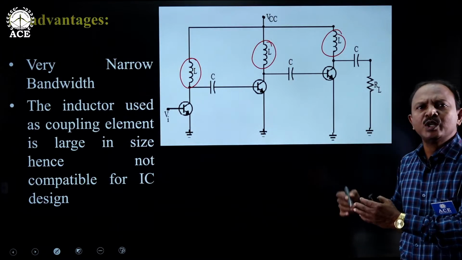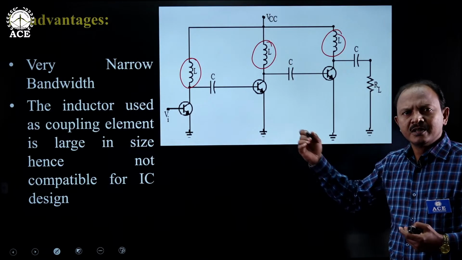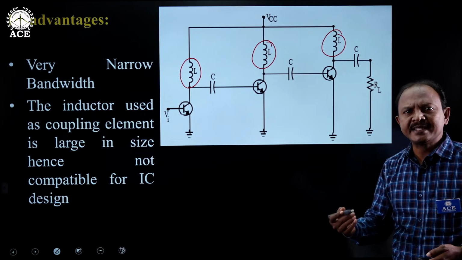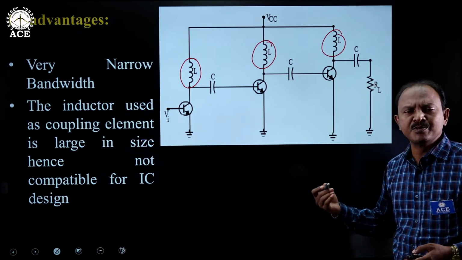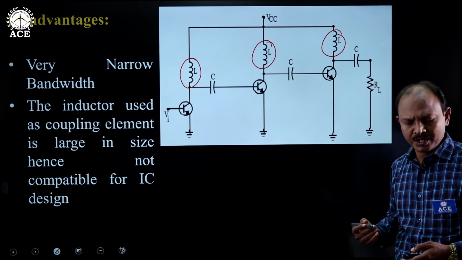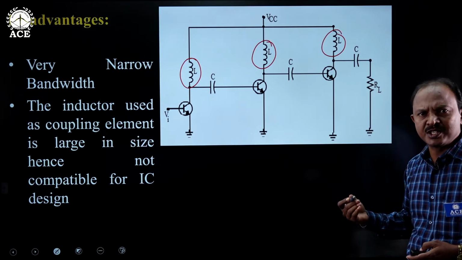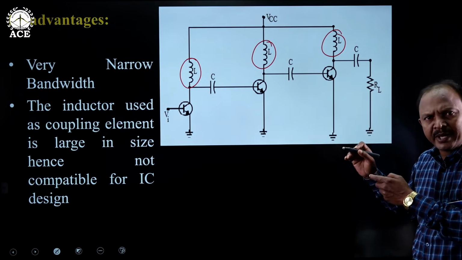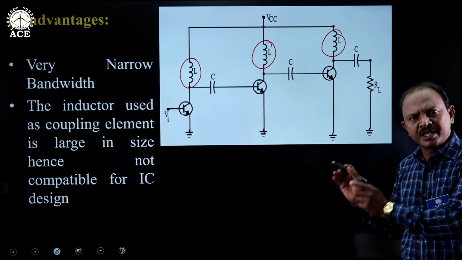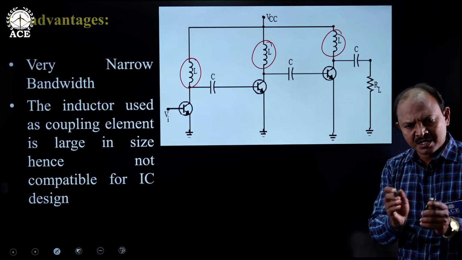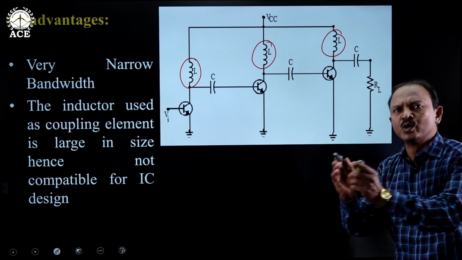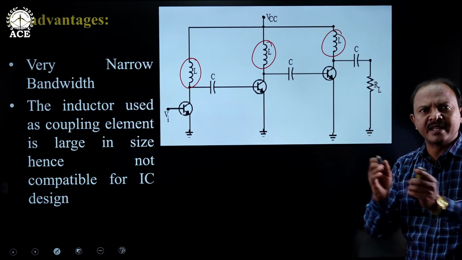This is how you need to answer that question, students. If the question is to explain the merits and demerits of various coupling schemes used in amplifier circuits, then this question was asked in various university examinations. First, draw the circuit. This is how you need to draw the direct coupling scheme.